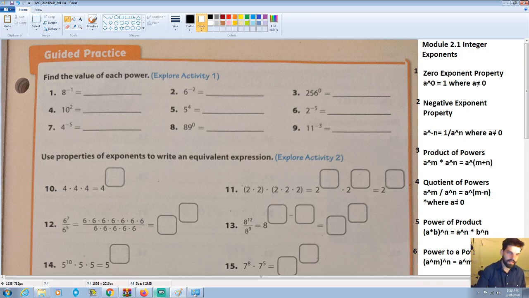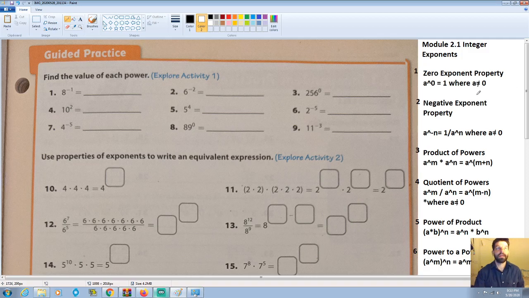Before we jump into the guided practice here, I just want to go over these 6 properties to illustrate the rules that we're going to be looking at and have some ideas before we jump into the practice. So number 1 here, zero exponent property.